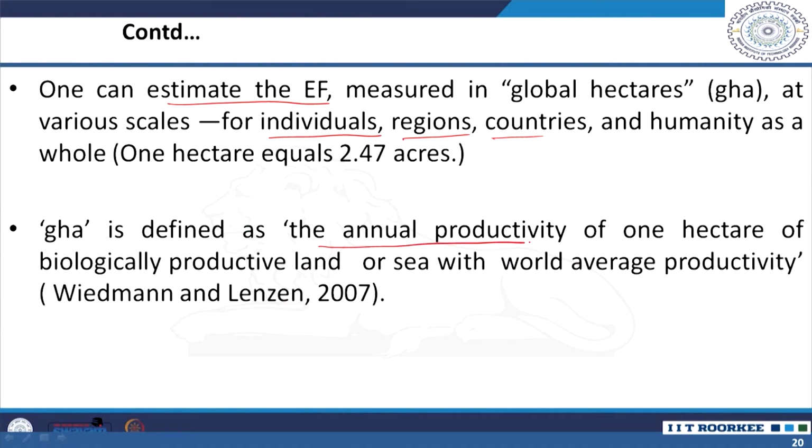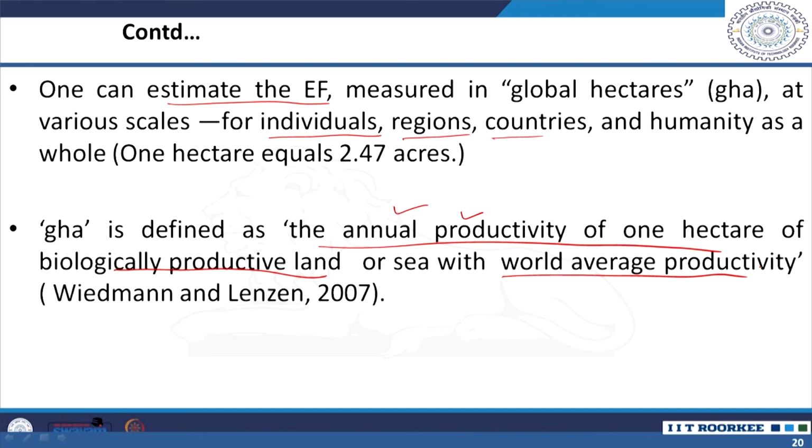Precisely, this GHA is defined as the annual productivity of 1 hectare of biologically productive land, or sea, with world average productivity. Here we are taking into account the productivity of 1 hectare of land or 1 hectare of sea area per annum, expressed in terms of world average productivity.